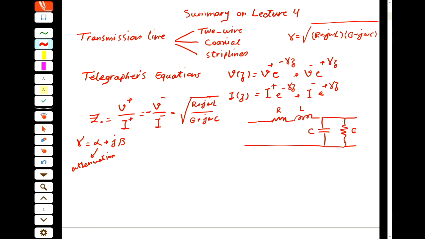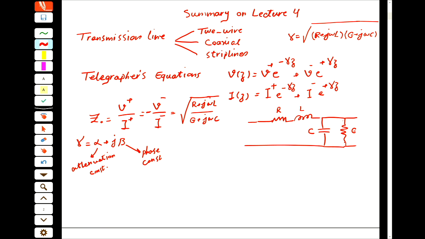So with gamma, the wave is propagating in the direction of z. And beta is the phase constant.